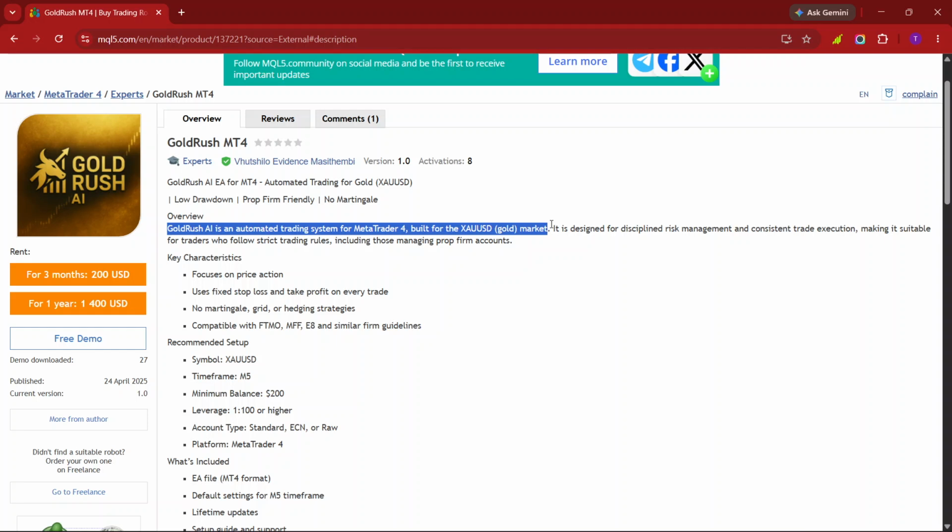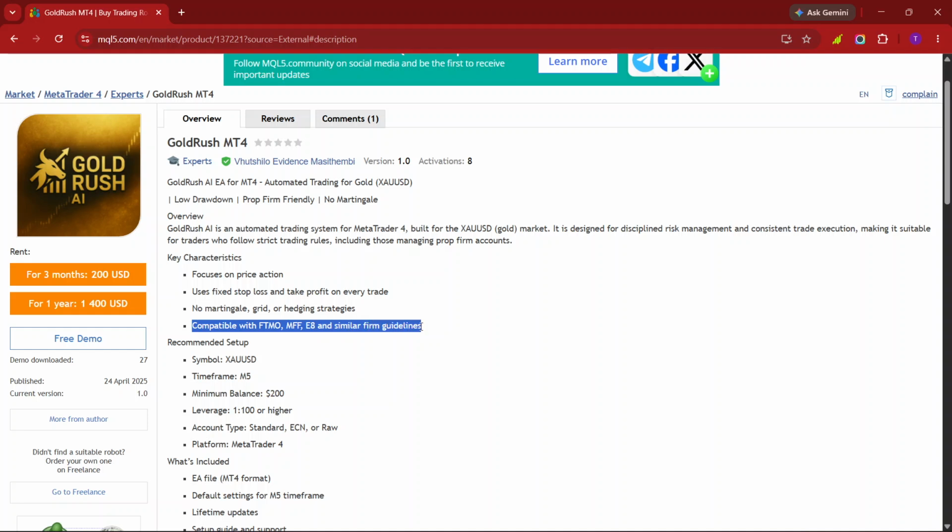It focuses on price action, and every trade uses a fixed stop loss and fixed take profit. There's no martingale, like they said, no grid, you can see here, and no hedging strategies used. The developer specifically calls out compatibility with FTMO, MFF, and E8. That's pretty much the core claim.